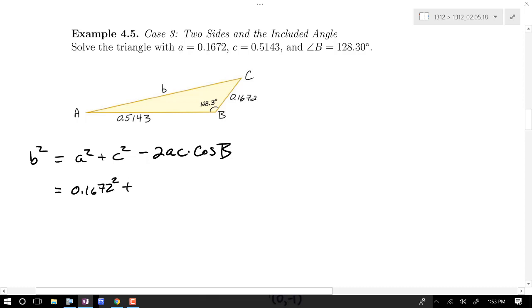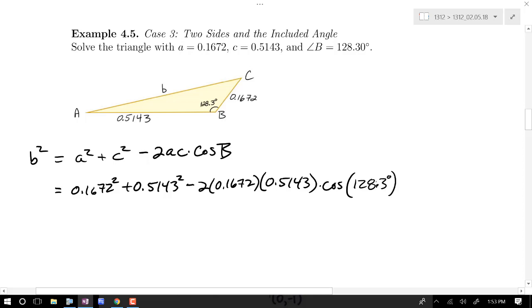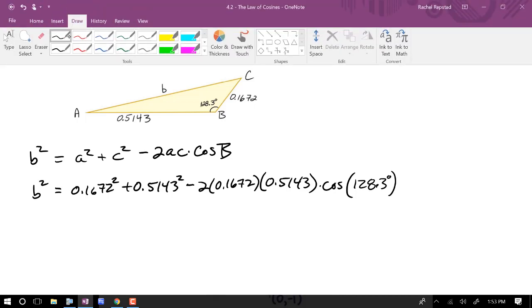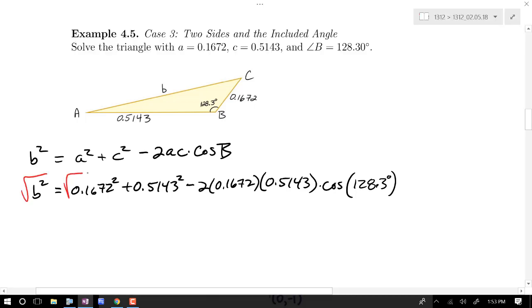0.1672 squared. You can put this whole thing under the radical, just use parentheses.